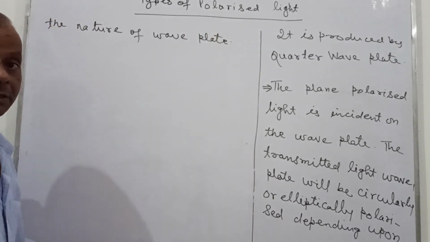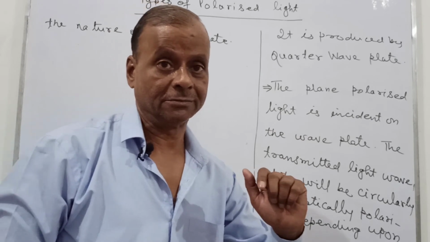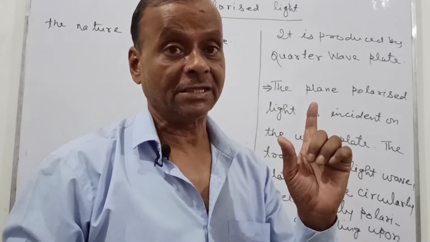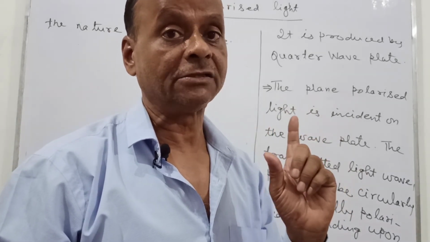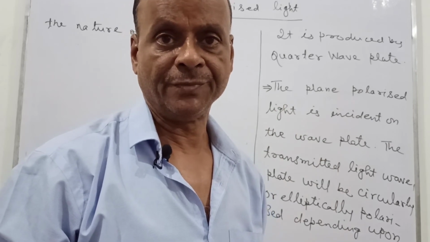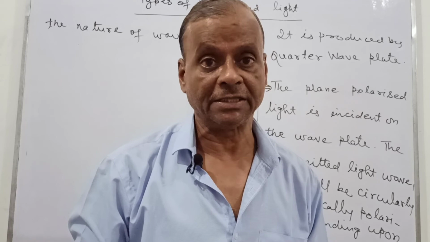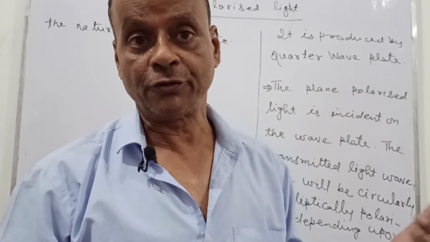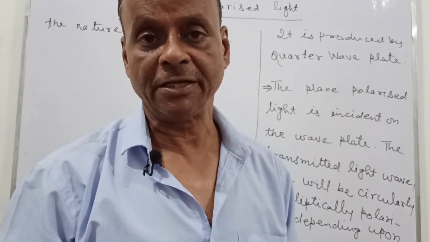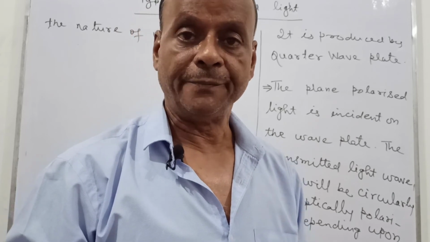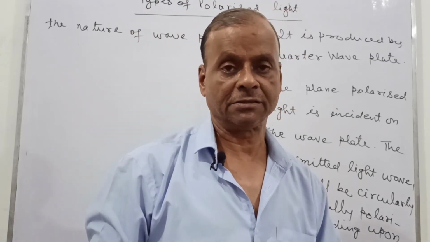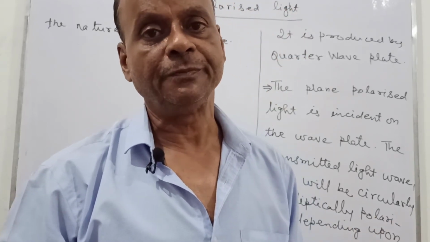It means this has to be remembered that unpolarized light is not to be made incident on the wave plate, because there will be symmetry of vibration, so that the transmitted light will not be circularly or elliptically polarized. But the plane polarized light is made incident on the wave plate.